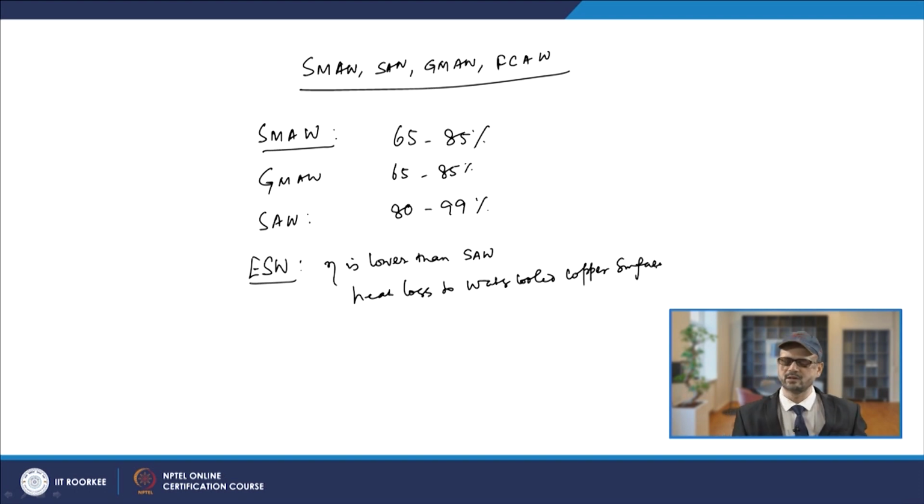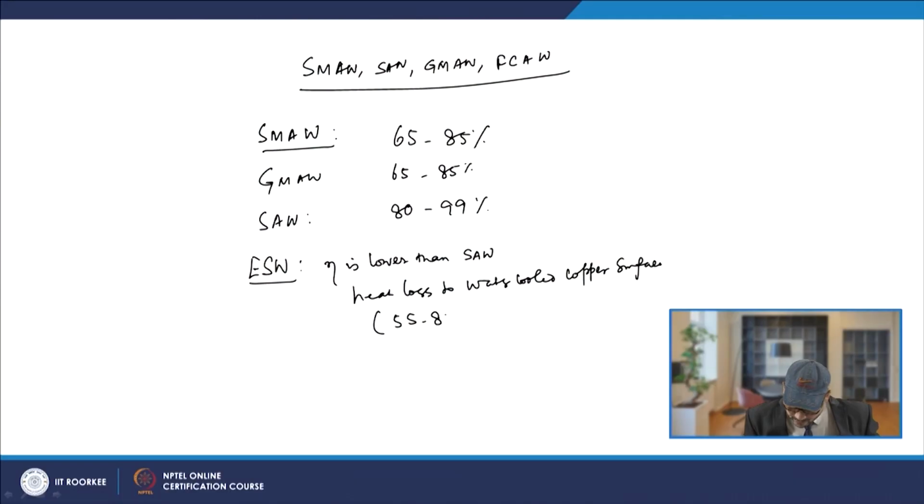Apart from that, you will have some loss, not a very significant amount, but there will be some loss by radiation and also convection from the molten slag. Because of this, the thermal efficiency of the heat source in the case of electro slag welding will be somewhat smaller, and it is reported to be around 55 to 82%.